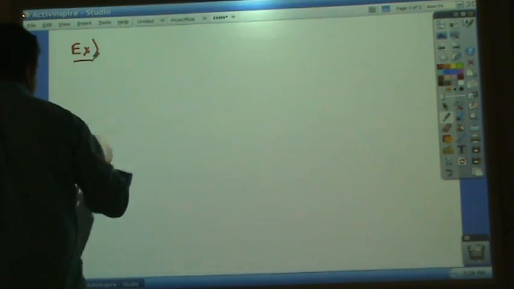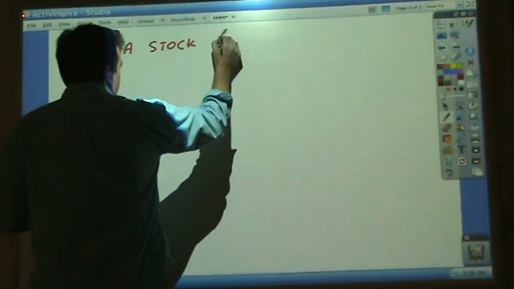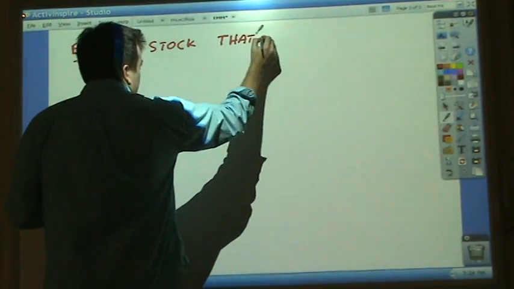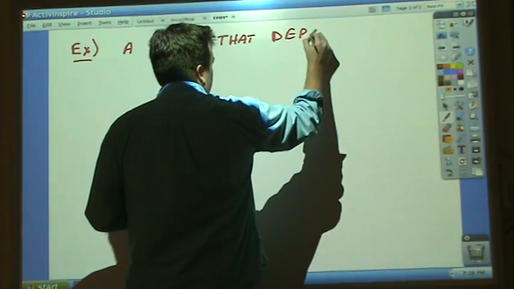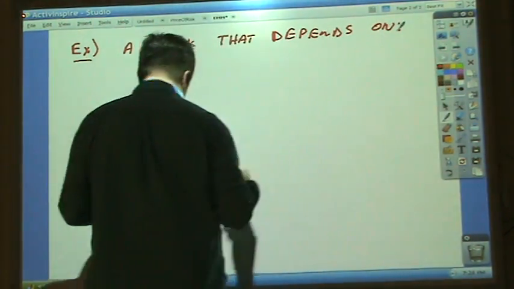So an example of this would be, suppose we have a stock that depends on three things.